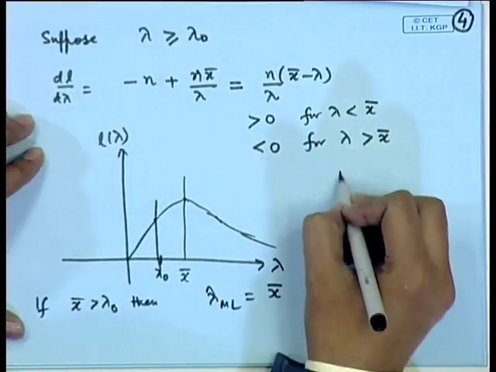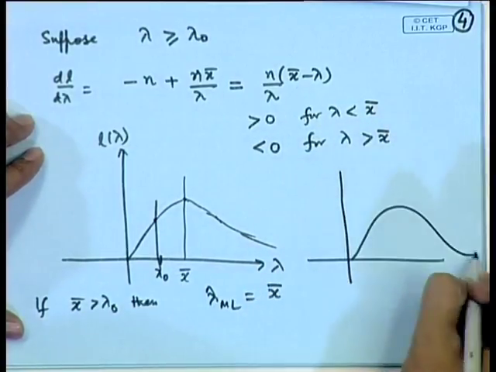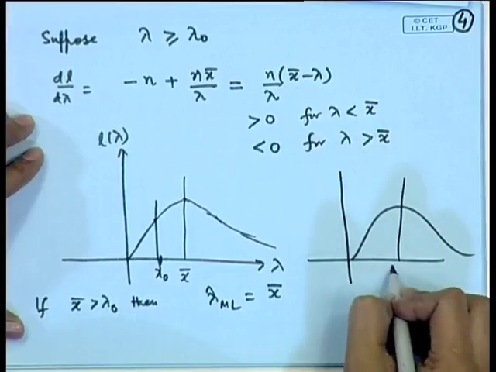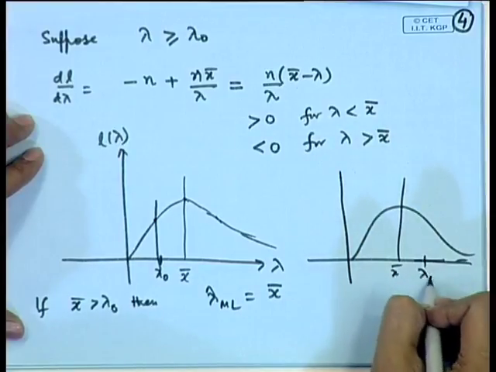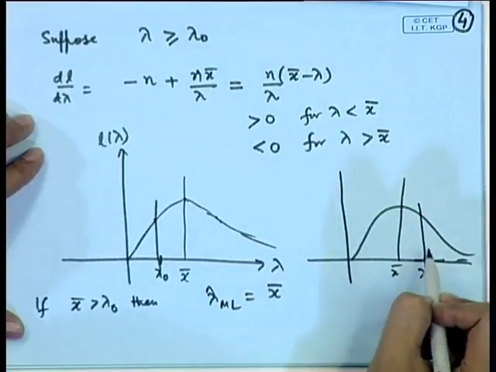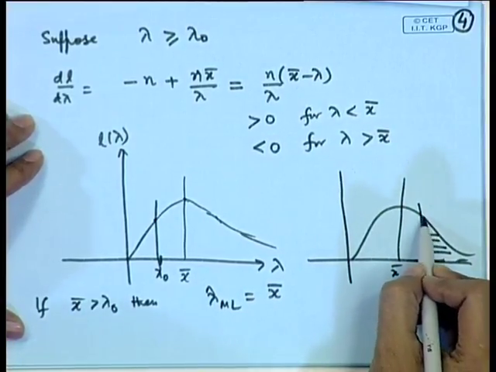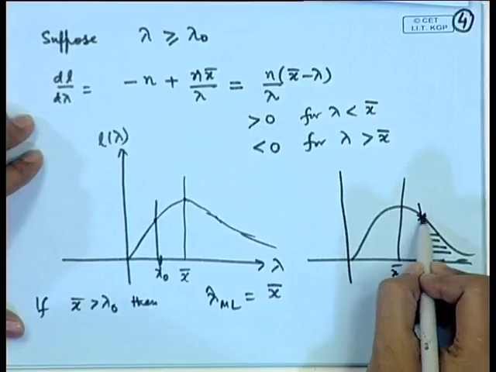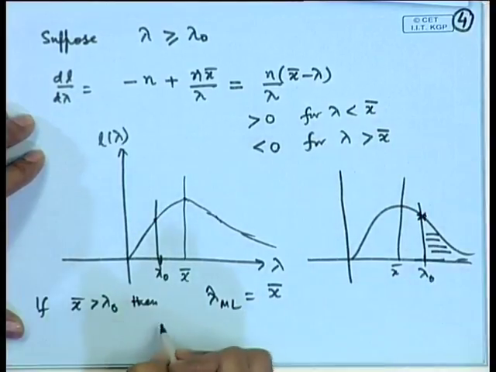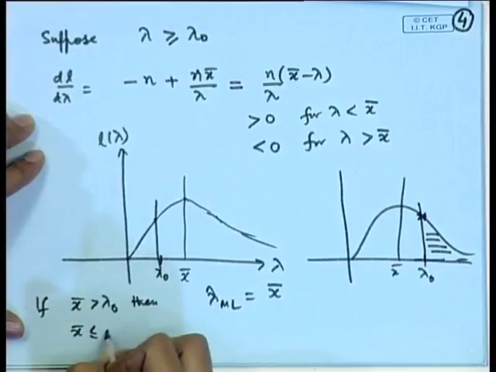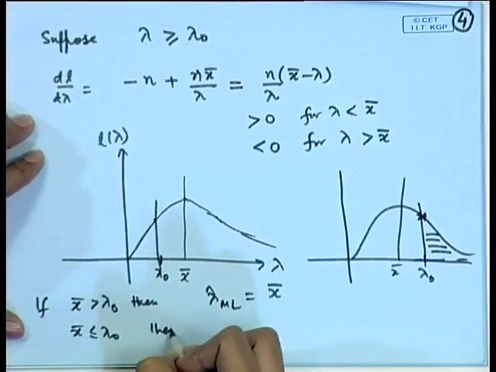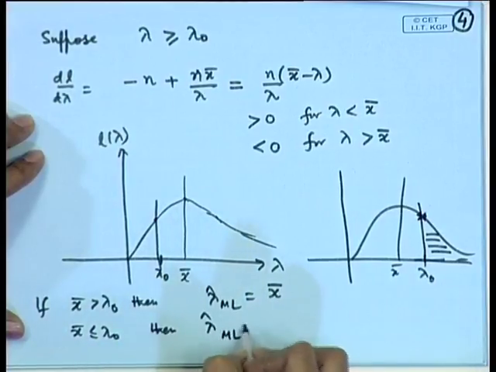However, we may have a situation where this is x bar and lambda naught is here. In that case, you see the parameter space is this. That means the maximum value occurs at lambda naught. That means if x bar is less than or equal to lambda naught, then lambda hat ML is equal to lambda naught.